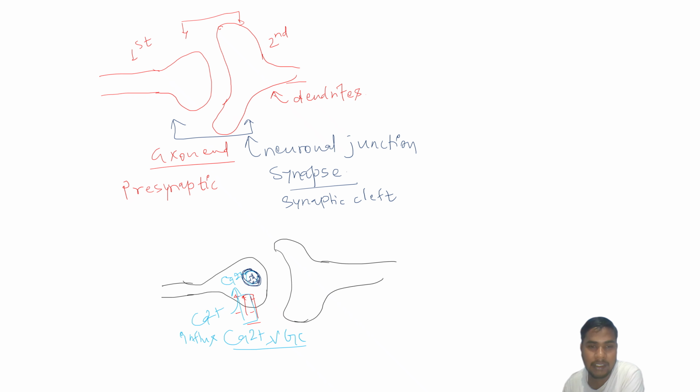So when the concentration of calcium ion increases inside, the vesicles fuse with the axon terminal, leading to release of the neurotransmitters into the synaptic cleft. The neurotransmitter concentration is going to increase here in the synaptic cleft.